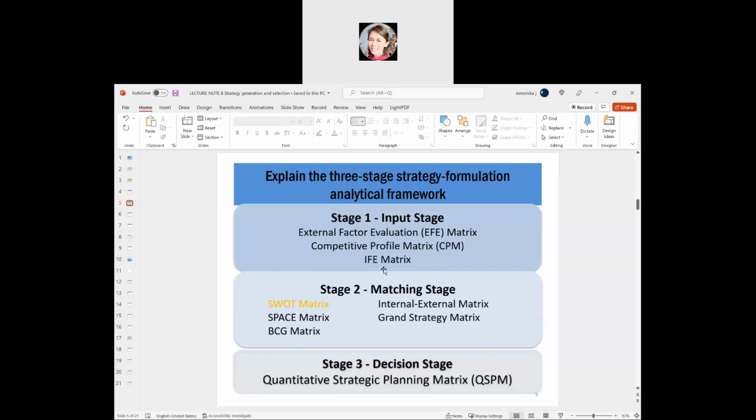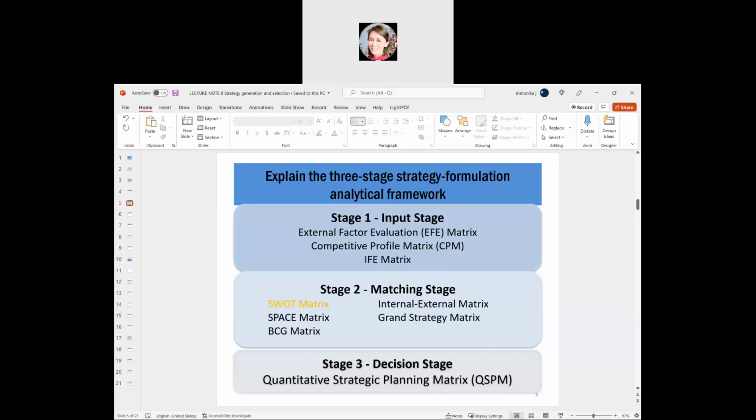In this process, it consists of doing the EFE matrix, which is the external audit, the IFE matrix, which is the internal audit, and the CPM, which is the comparative profile matrix. You have done this, I think. Comparing, getting comparators' profiles and having to benchmark.